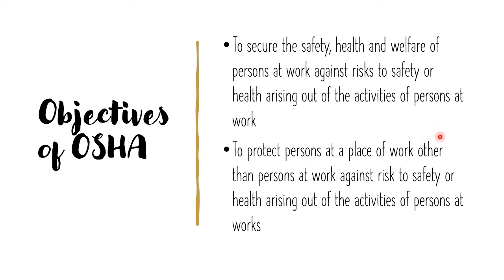For example, in UiTM, the person doing the work is the lecturer, while the student is not doing the work, but the student is also included as a person at a place of work. Also, we need to protect them by this OSHA.